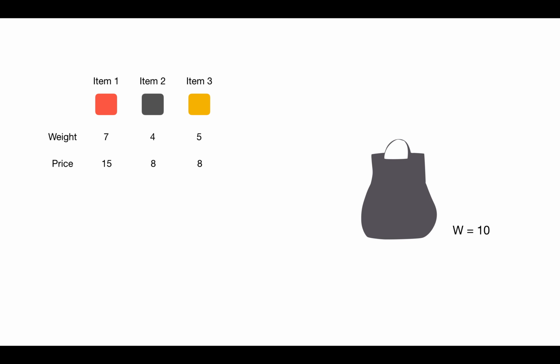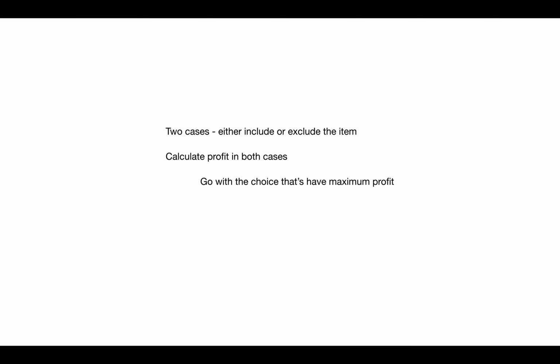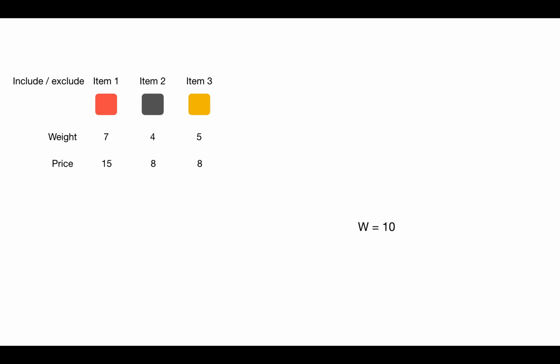We have n items and we have two choices. Either we can include the item in the solution or we can exclude it. We calculate profit in both cases and go with the choice that has maximum profit. So you include item 1 and calculate profit. How? You take the price of the item chosen and check for the rest of the items.